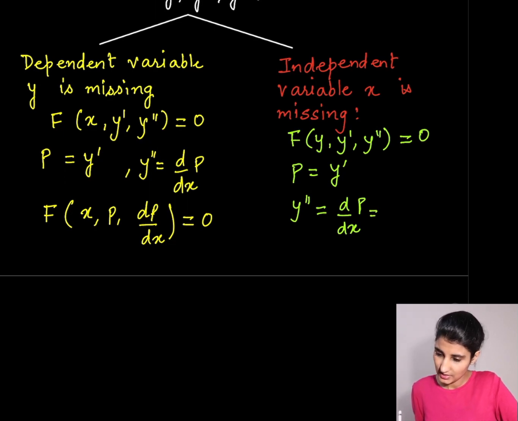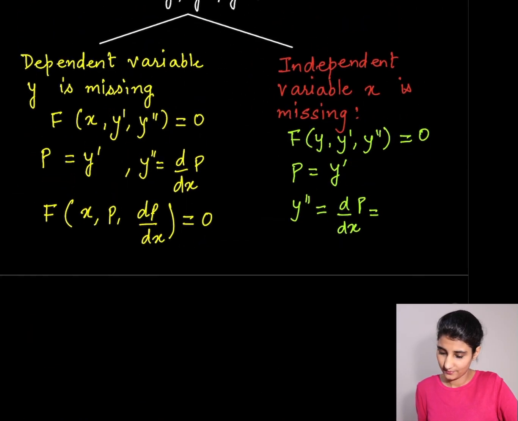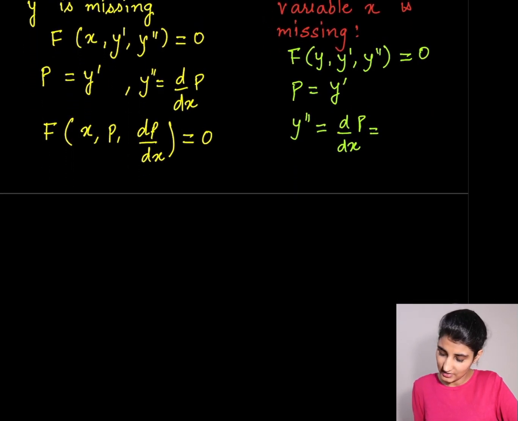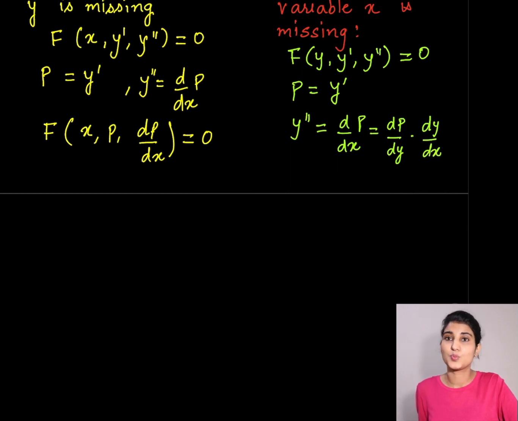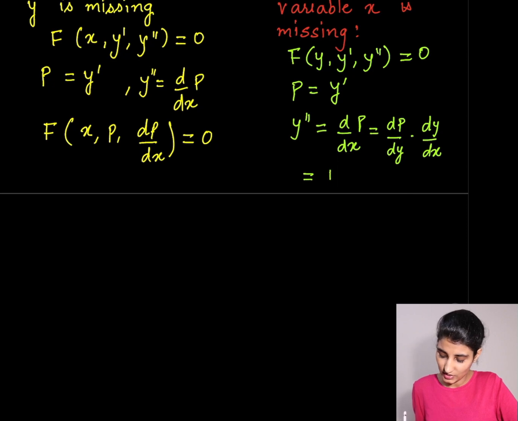So by chain rule this can be written as the derivative with respect to y times the derivative of y with respect to x, since p is a function of y. Now dy over dx we defined as p, so our y double prime is p times dp over dy.